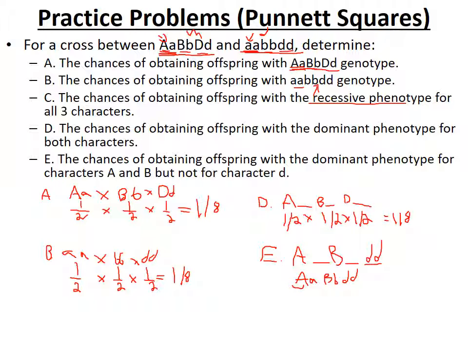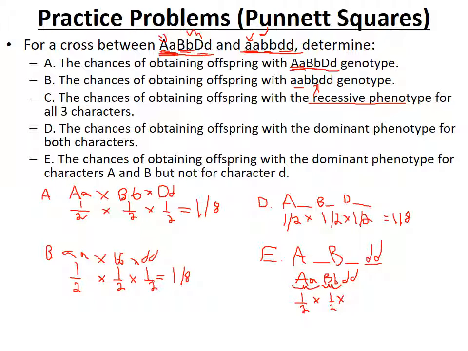So to get big A, we're just looking at big A with little a first. That's half a chance. And to get big B, that's also half a chance. Half times 1, half a chance.